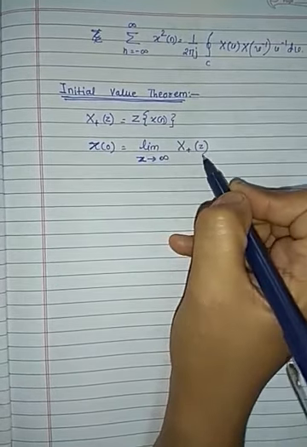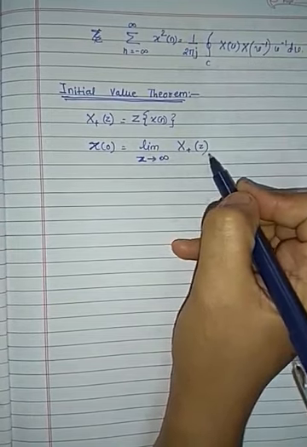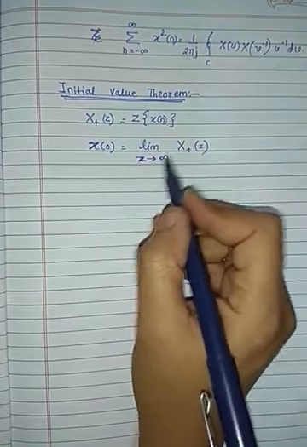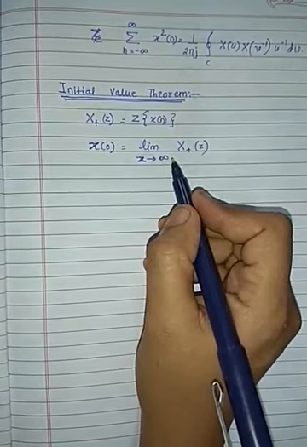Okay, so this is the initial value theorem, where x of 0 is given as the limit as z tends to infinity of X plus of z.